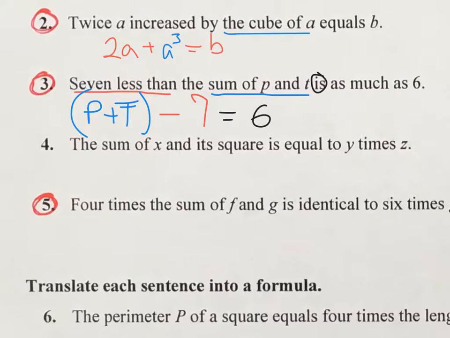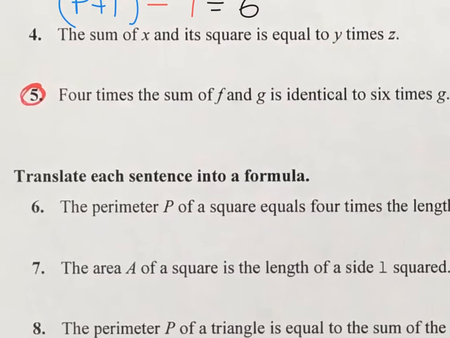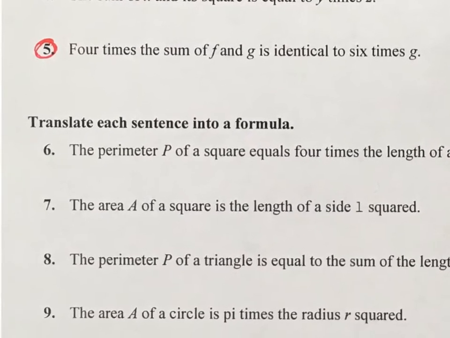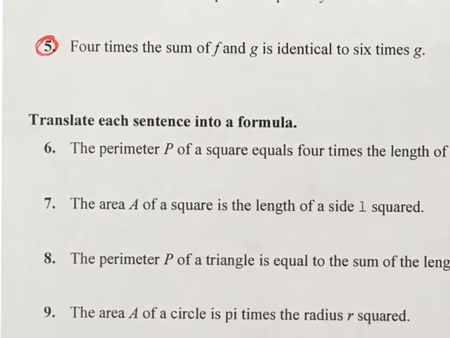Moving on, let's skip around. Let's go to number 5 here that I circled. 4 times the sum of f and g is identical to 6 times g. All right, well, let's first start out with the words 4 times. That's easy. That's 4. You could put a dot if you want. Now, 4 times what? It's 4 times the sum of f and g. Open up some parentheses. Inside the parentheses, what do we put? F plus g.